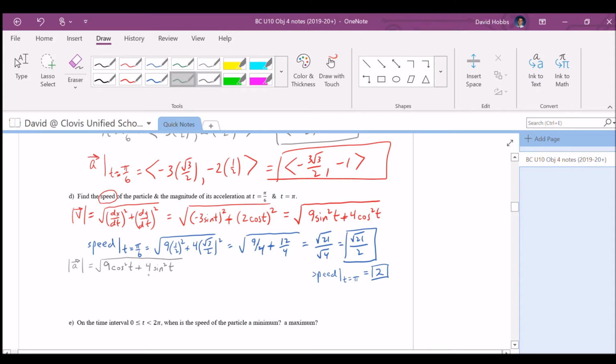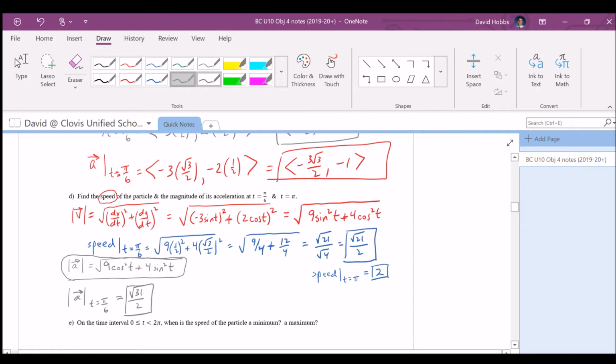Okay, that's what we're doing. And if we do the magnitude of the acceleration at t equals pi over 6, then you should get root 31 over 2. You go ahead and double check that.